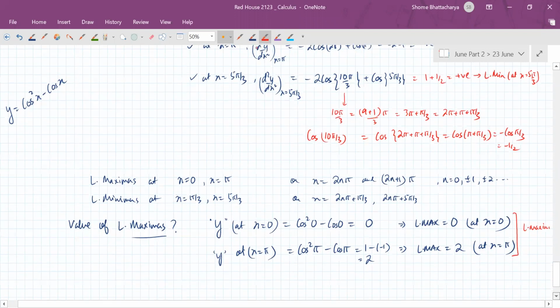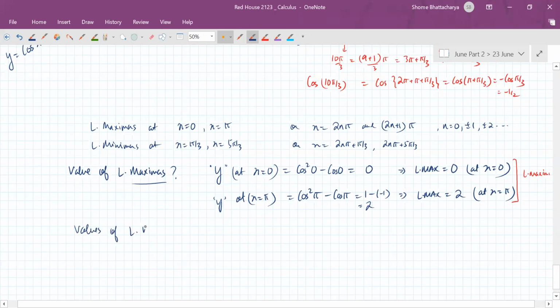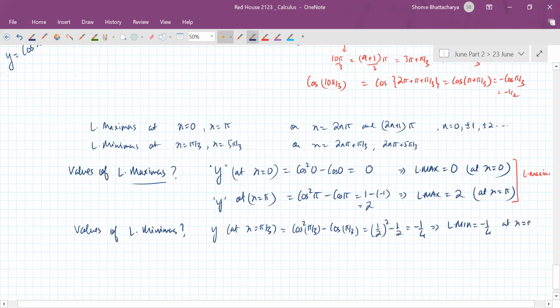Whereas let's analyze the two local minimas. So local minima equals to minus 1 by 4 at x equal to pi by 3.